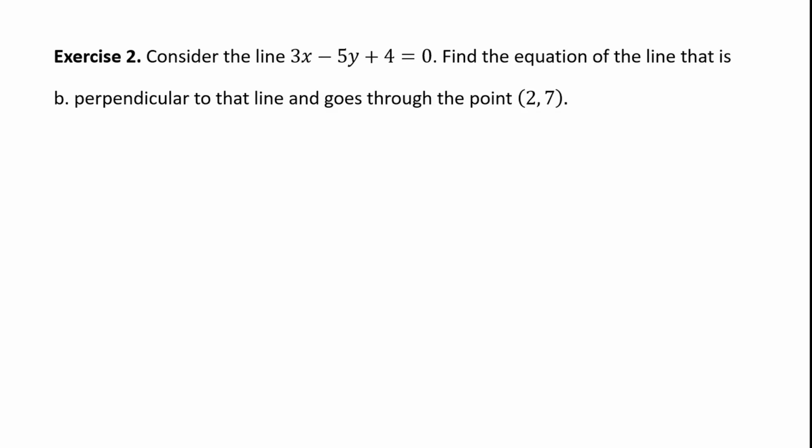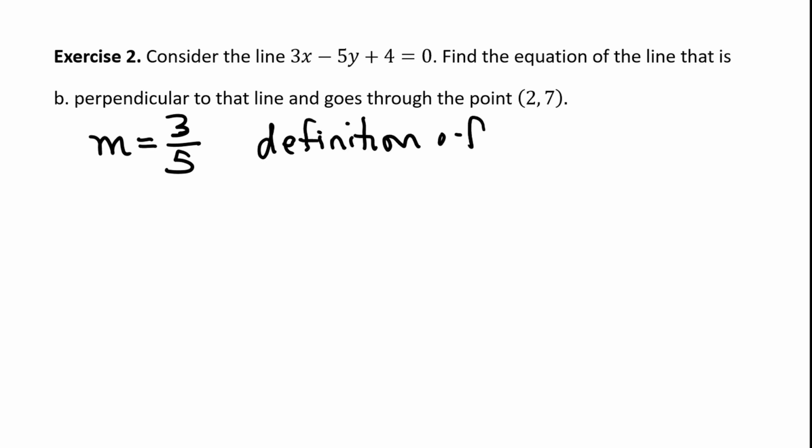Part B, find the equation of the line that is perpendicular to the line 3x minus 5y plus 4 equals 0 through the point 2, 7. We got in the previous part that the slope of the given line, m, is the value 3/5. We also know that by the definition of perpendicular slope, the slope of a line that is perpendicular to a given one is -1 over m.